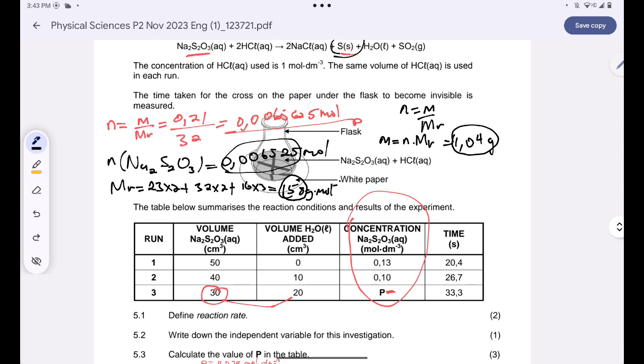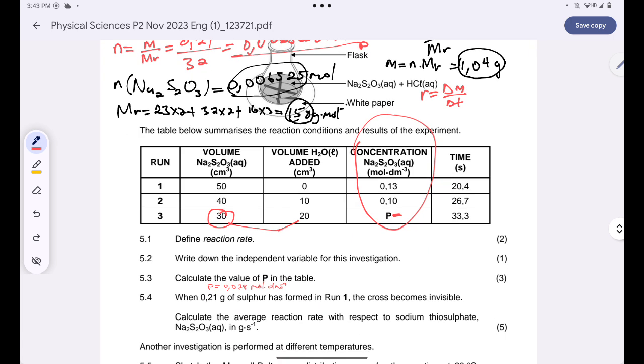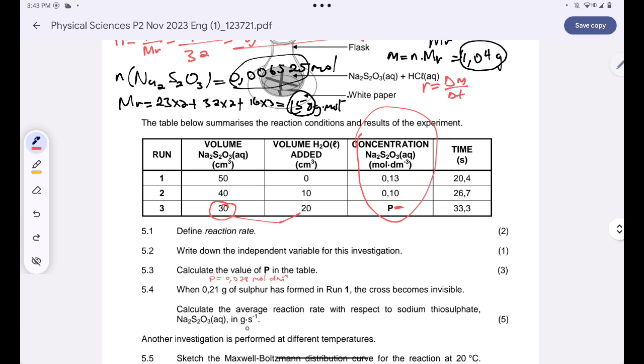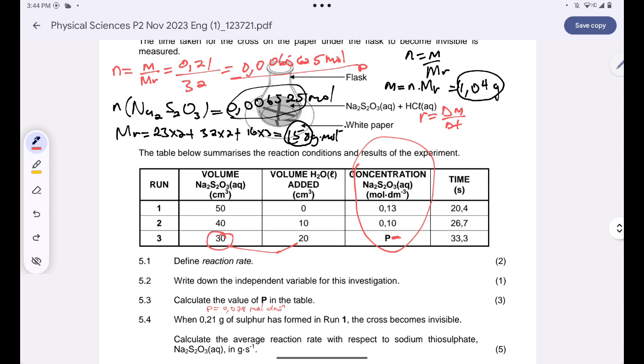So the rate of reaction will be just the change in mass all over the change in time. Why am I using change in mass? Because I'm supposed to find the rate of reaction in grams per second. I must use the change in mass, right? The change in mass basically is the amount of mass which was used.